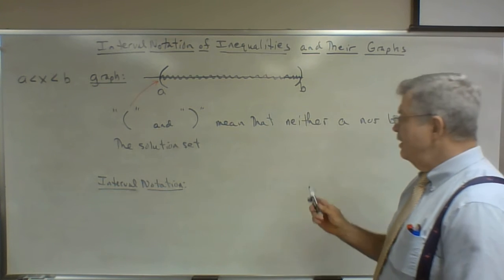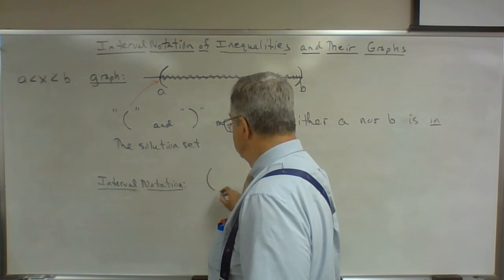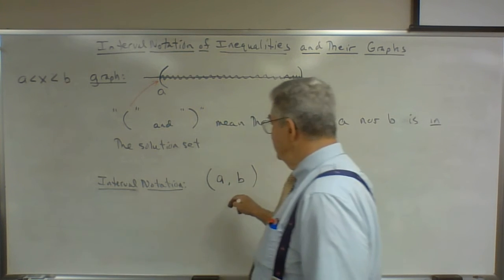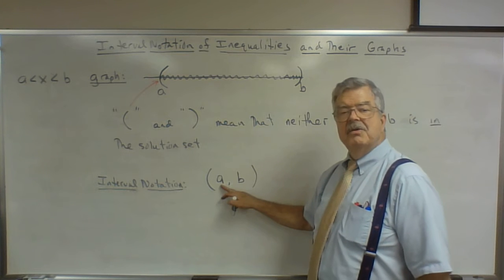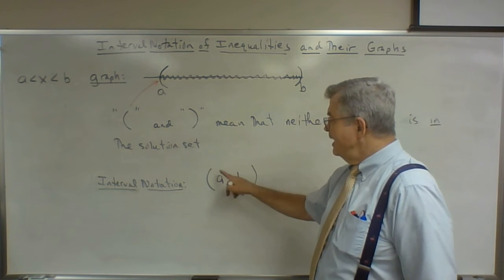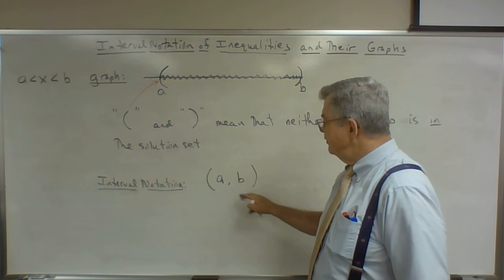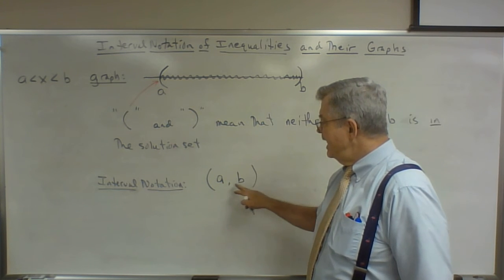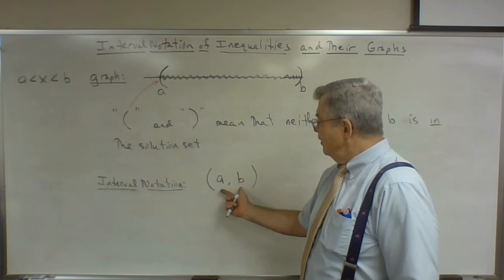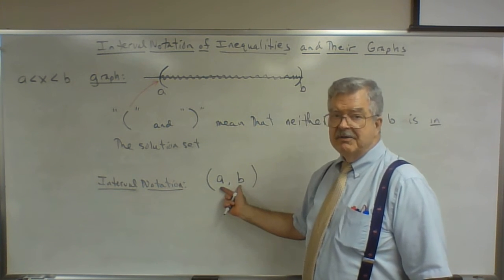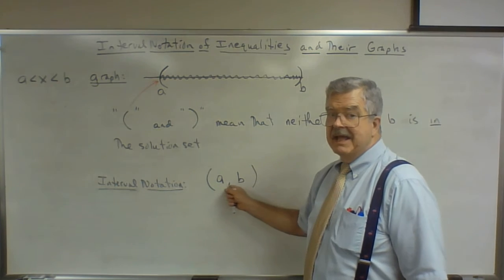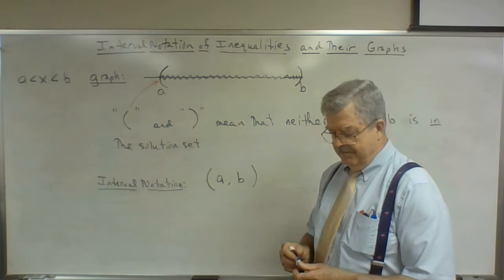We don't draw the number line, but we just have A, B. This is the interval whose left endpoint is A and whose right endpoint is B. And the round parentheses tell us that neither A nor B is contained in that interval. So this represents all of the real numbers between A and B, not including A, not including B.